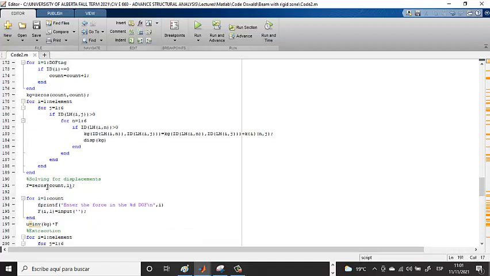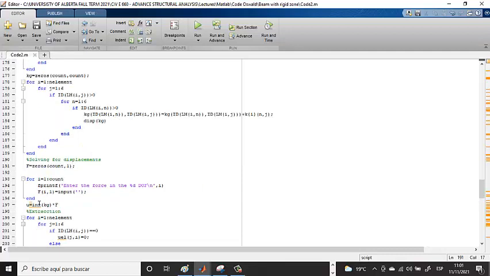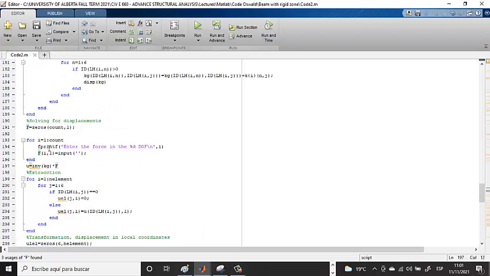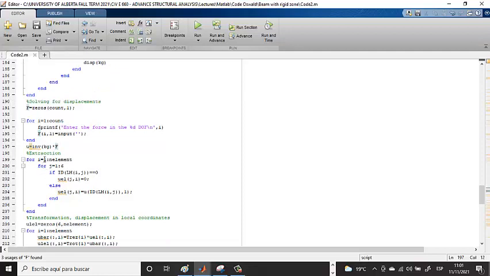After that, we input the force and we solve the displacement using the equation: the inverse of the stiffness matrix multiplied by the force vector that we already input here. And we can do the extractions based on the degree of freedom of the global structure.